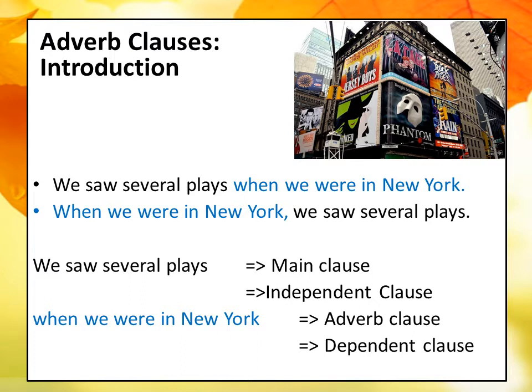So in this complex sentence, there are two parts, the main clause and the dependent clause. The main clause is we saw several plays. This main clause can be independent, and the dependent clause is when we were in New York. When we were in New York is a dependent clause that has the function of an adverb.